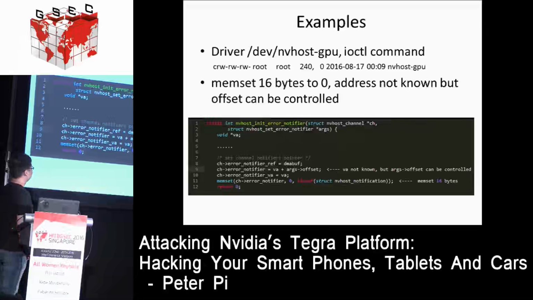So if we input a bad value, the memset will write 16 bytes of 0 to an unknown address. But if we can leak the VA, the value of the VA, we can write 16 bytes of 0 to a controlled kernel address.